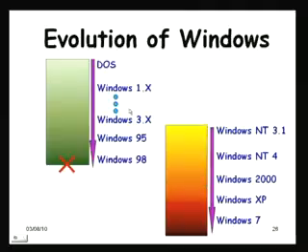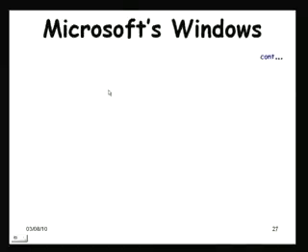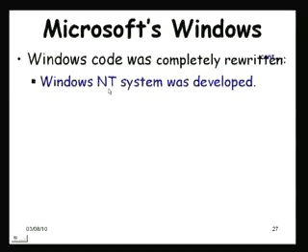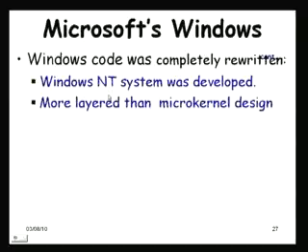The earlier series, there was no question of using it in real time applications because it was unstable. So, the Windows code was completely rewritten and the NT system was developed, and even though it is microkernel based in design, we will see that it is more of a layered design than a microkernel design.